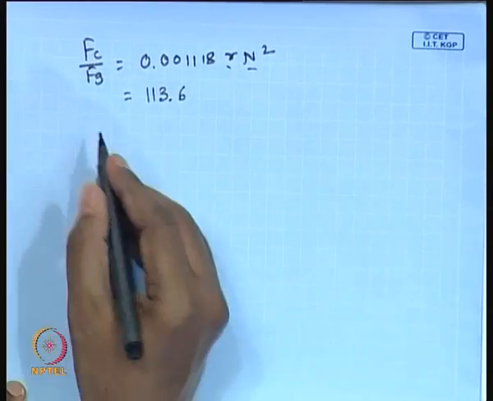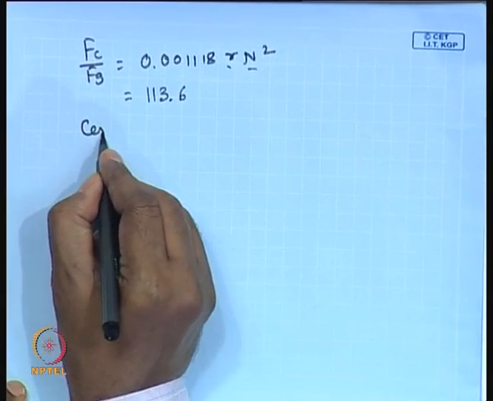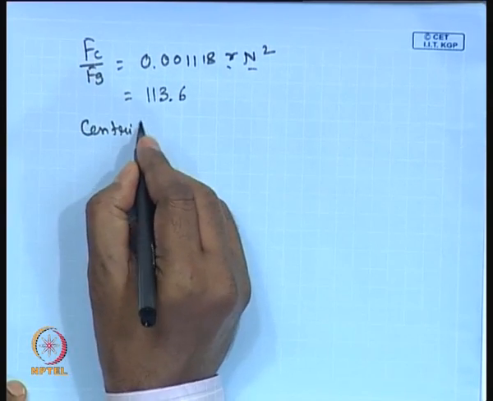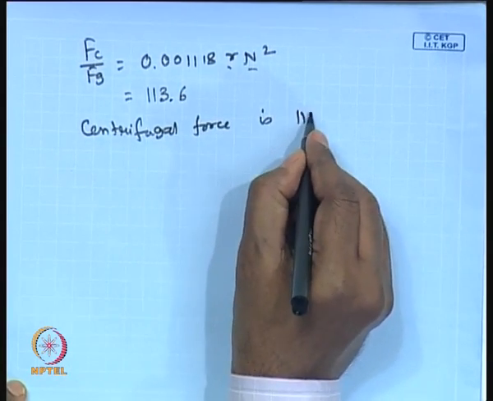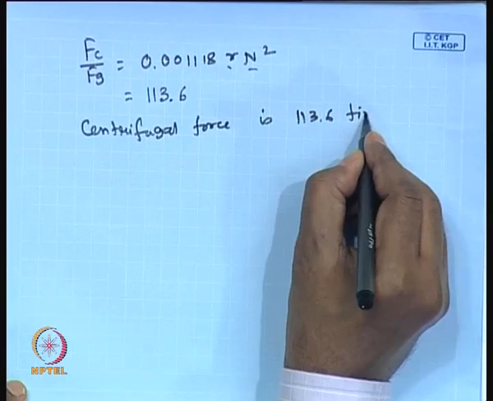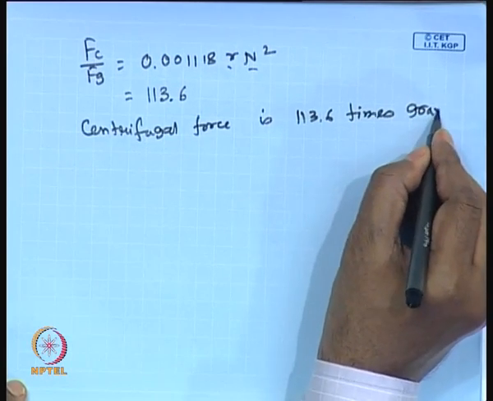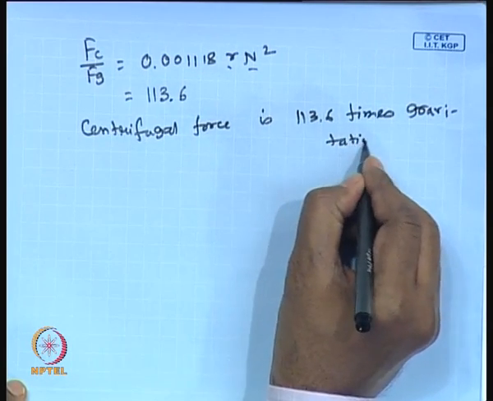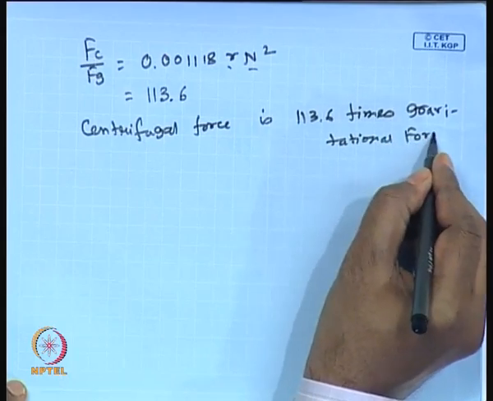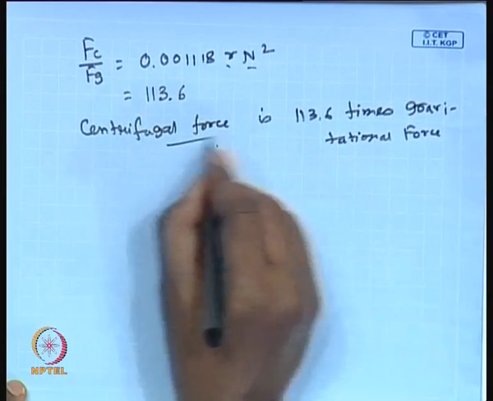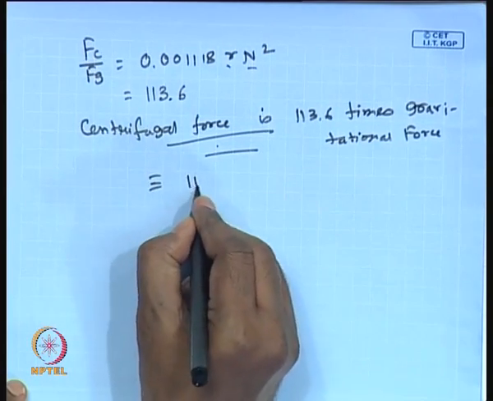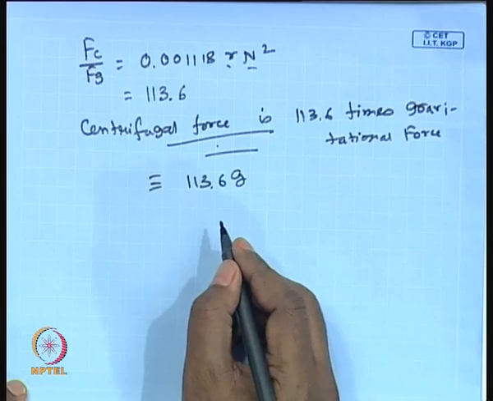So, that means we term that centrifugal force is 130.6 times gravitational force. And it is expressed as if this whole statement is equivalent to 130.6 g.